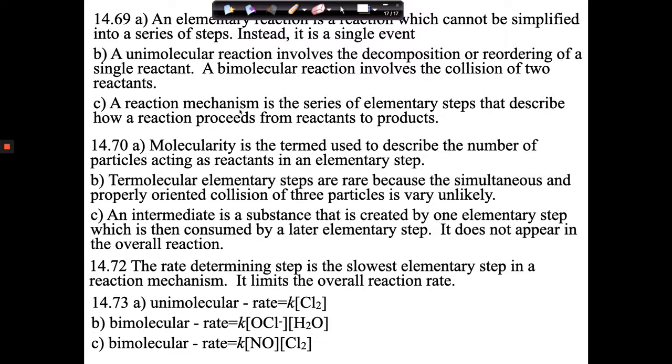Guys, on these, allow me, if you would, to drive the process a little bit. We understand, as a brief introduction, this idea that elementary steps are simple steps that make up the mechanism. They can't be simplified. What you see is what you get. And we describe them by their molecularity, which is simply the number of things that are present as reactants in the elementary steps.